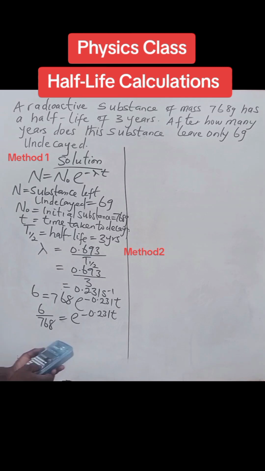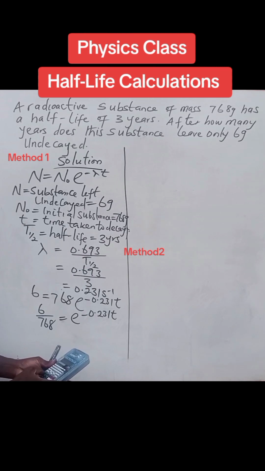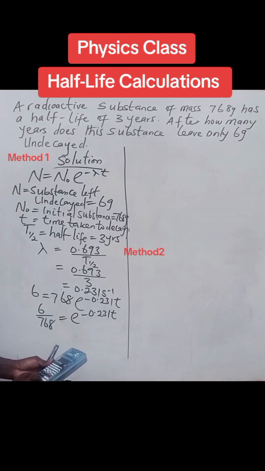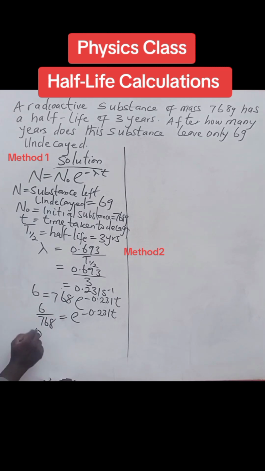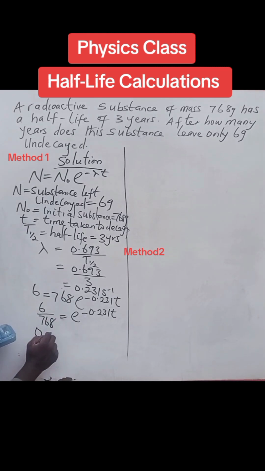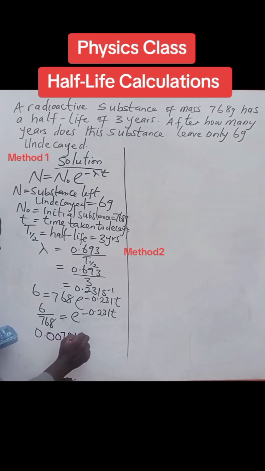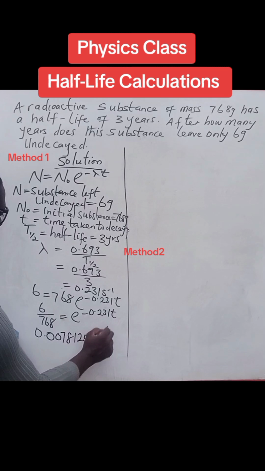Pick up the calculator. We have 6 divided by 768, which gives 0.0078125, equal to exponential minus 0.231 t.